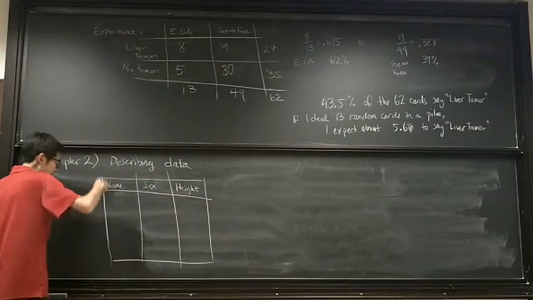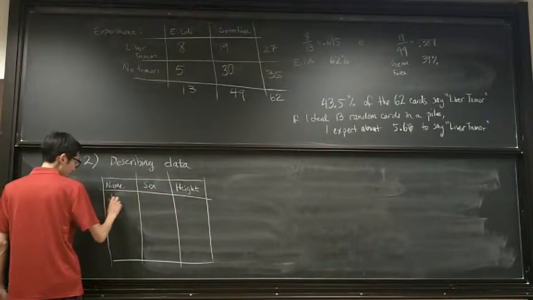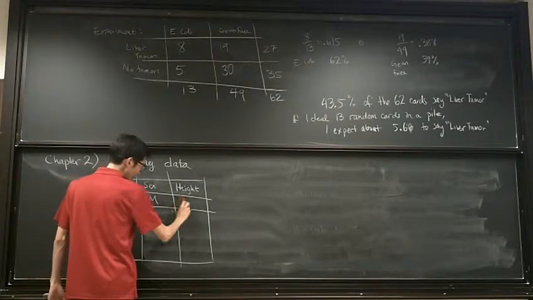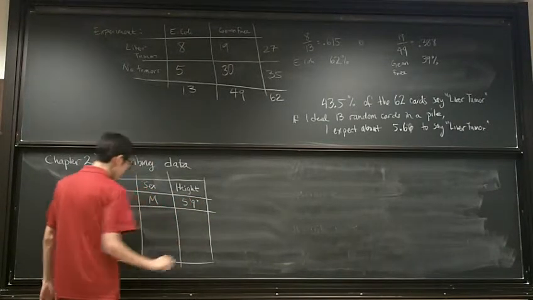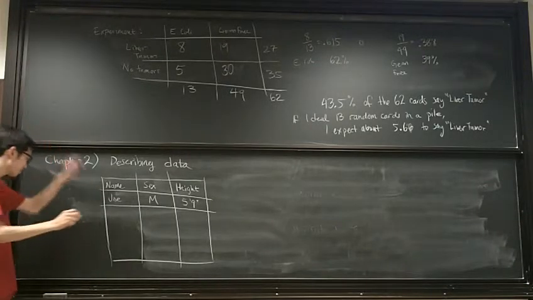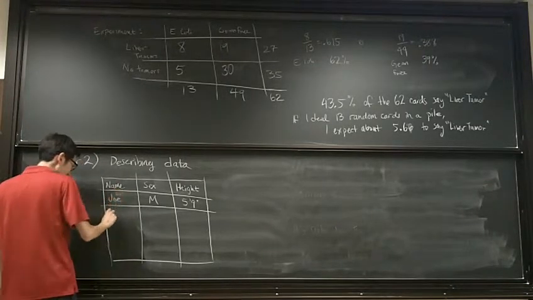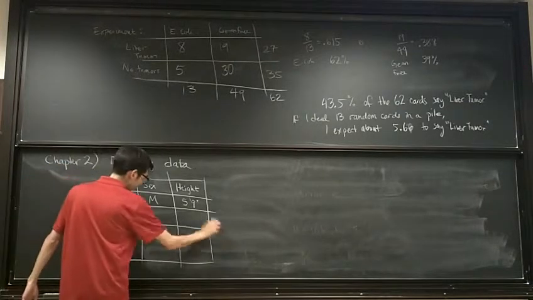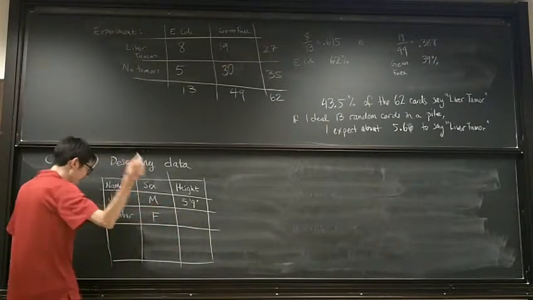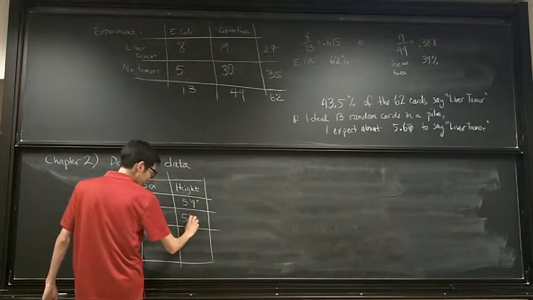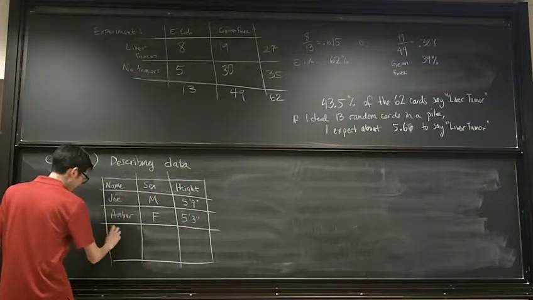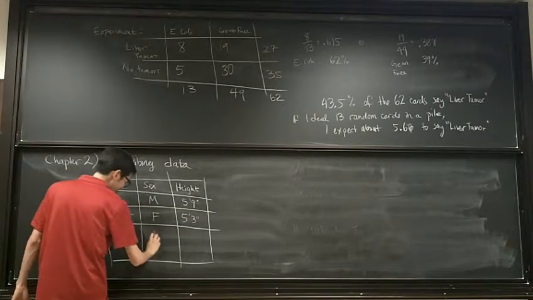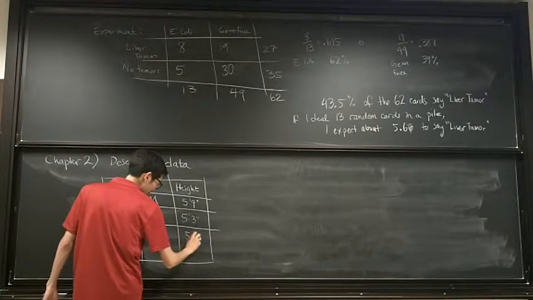All right. Student 1, let's say, is Joe. Joe is male and is 5'9". Student 2, I'm making up names, is Amber. She is female and she is 5'3". And then we have Barbara, who is female and she is 5'6", or whatever.